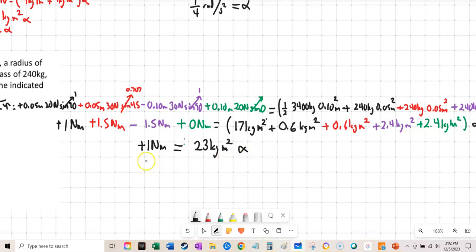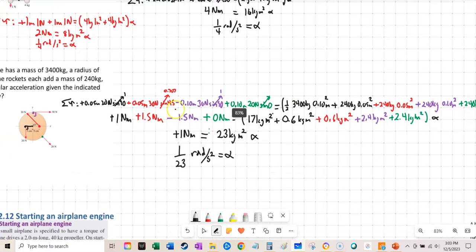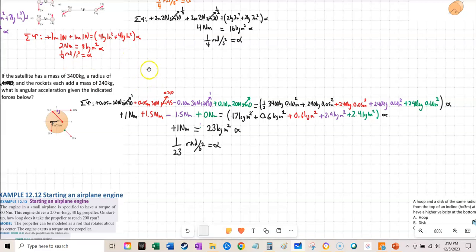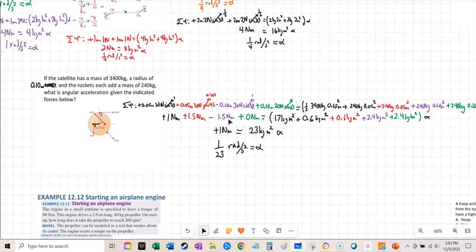So this alpha is going to be 1 over 23 radians per second squared, and that is alpha. Okay? So when we figured out all of that, that's going to all work out to be 1 over 23 radians per second squared, and that's what alpha is.